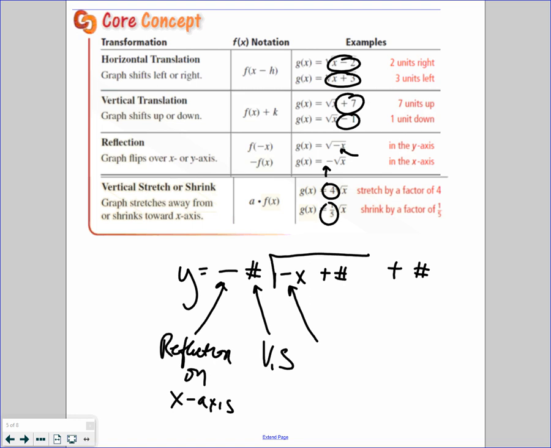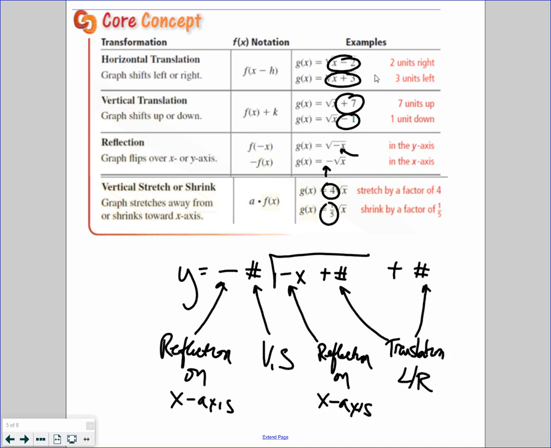If you have a negative sign inside, this again is a reflection, and this time on the y-axis. Adding or subtracting inside, that's a translation, either left or right. A number outside here is also a translation, up or down. Again, you're not going to have all of those, but that is all the different places that I could put something.